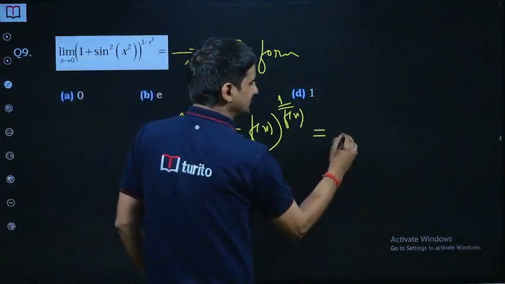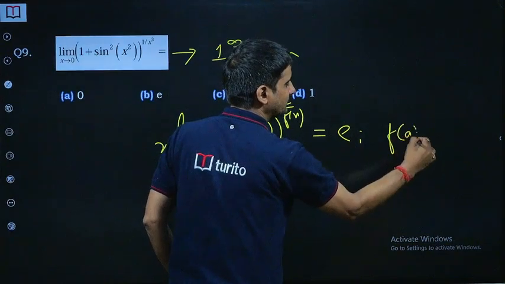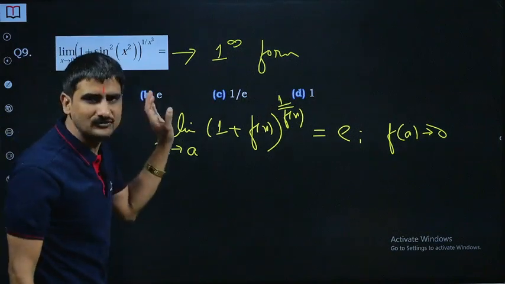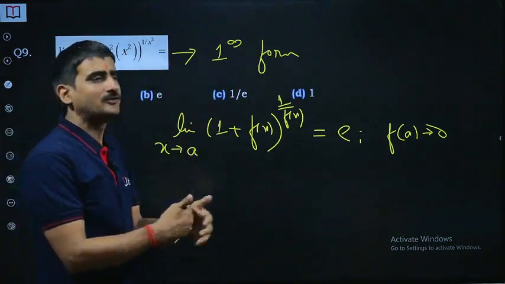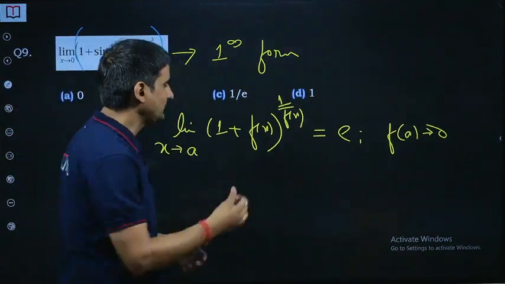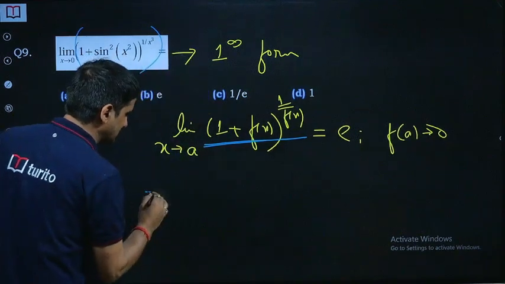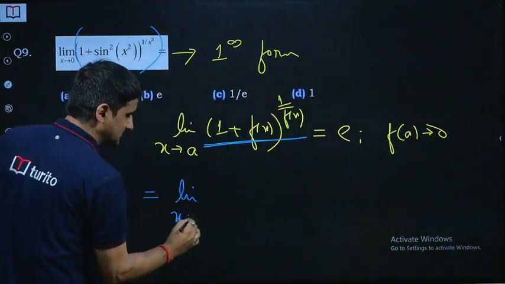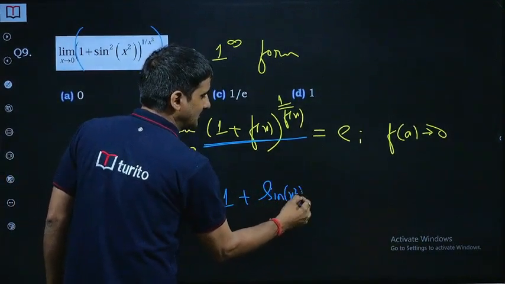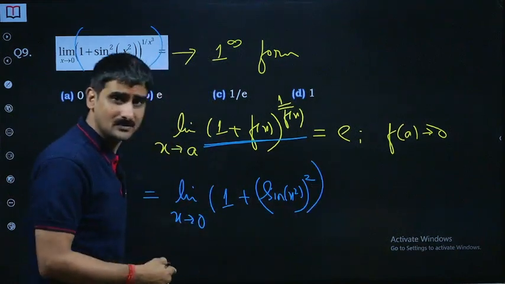Okay, and we know this is e if f of a approaches 0. So whatever the expression we have for the limit, if it is in the form of 1 raised to the infinity, I will compare it with this one. So comparing it with this one, limit x tends to 0, of course 1 plus f(x), so f(x) is sine of x square whole square. So that's f(x).